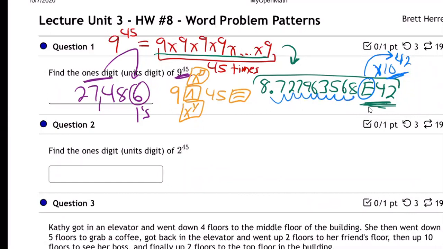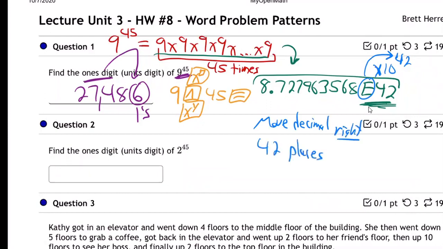So that adds less than 42 spots to the end, but still a lot, right? You guys all tracking with me? So that means move the decimal right 42 places. If that had been a negative 42, then we would move the decimal left 42 places. So we've got to move that decimal to the right.